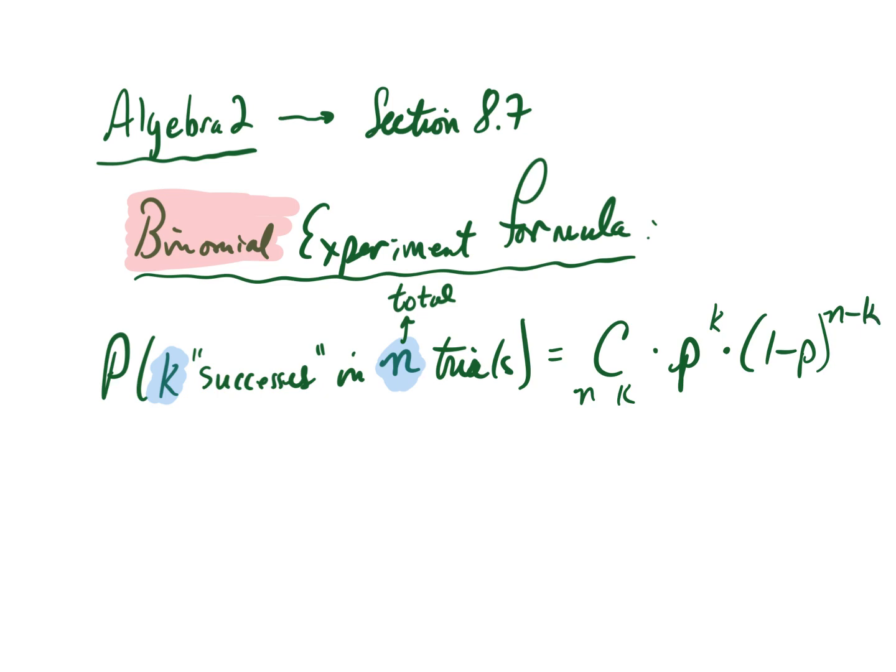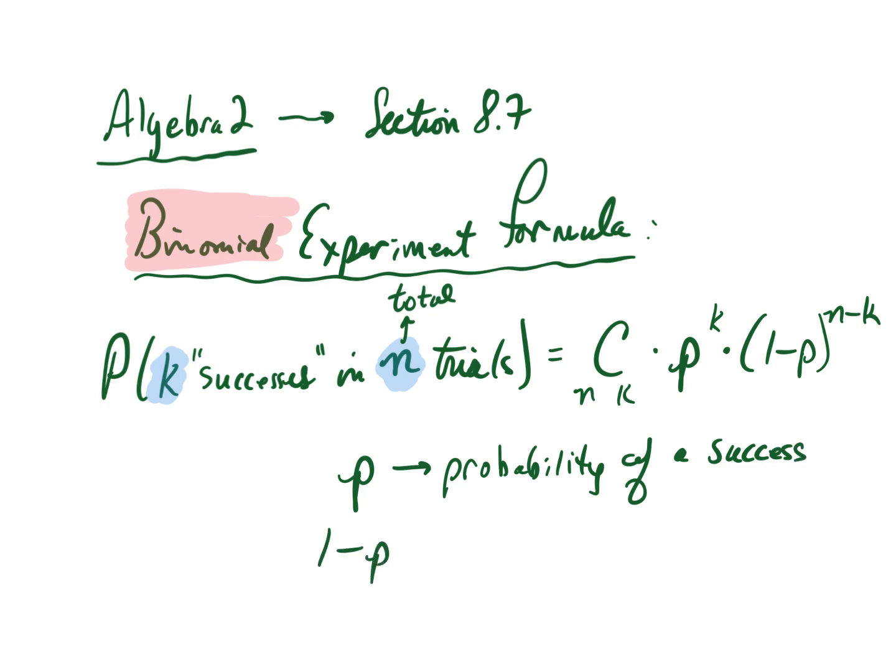So you can repeatedly see both the K and the N in the formula, but what we're missing now is what in the world is little p. Little p is the probability of a success, which means 1 minus little p would be the complement of that.